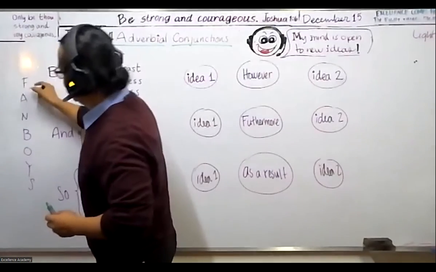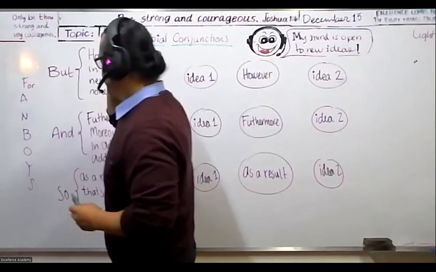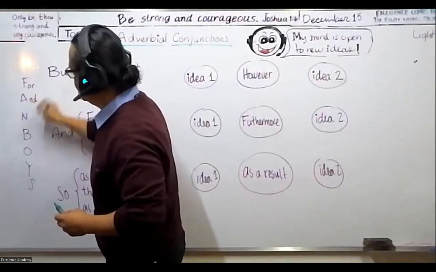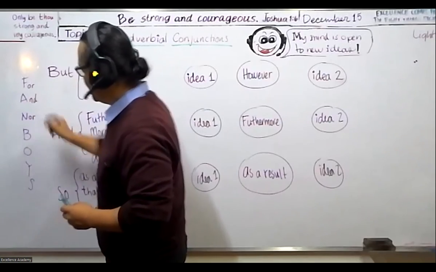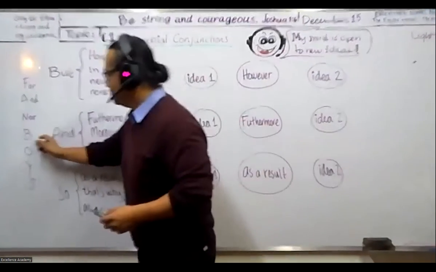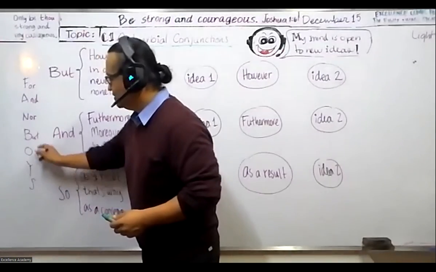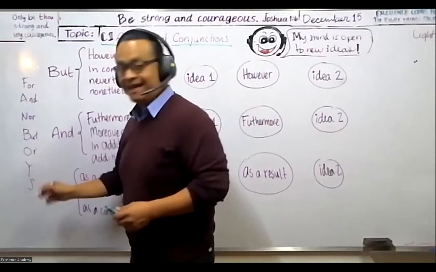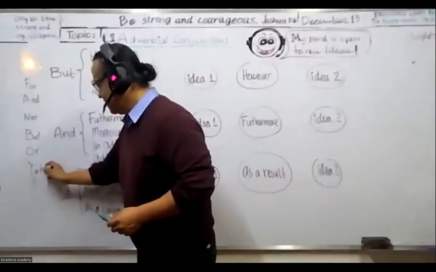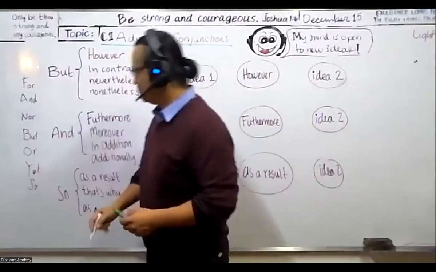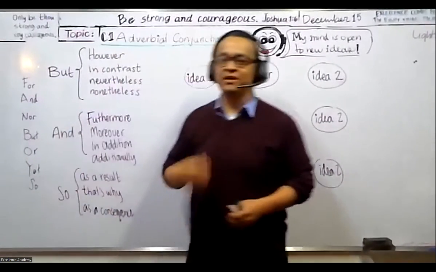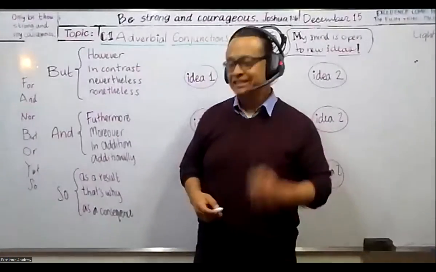So the F stands for for, the A stands for and, the N stands for nor, the B stands for but, the O stands for or, the Y stands for yet, and the S stands for so. So these are what we call the coordinating conjunctions, right?